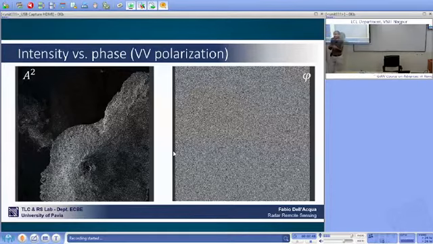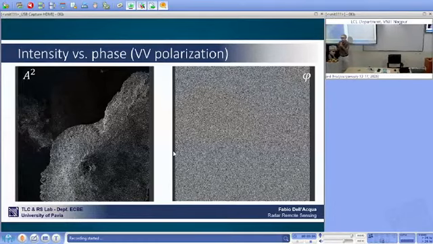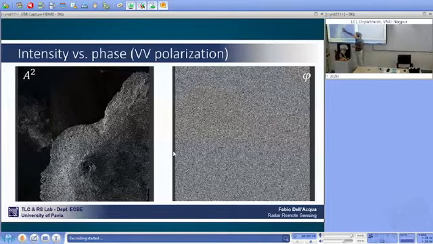First of all, as I mentioned, there's no spectral information. Each pixel is extremely shallow. You only have the information about how much power bounced back, but nothing else, except the phase of the wave. If you look at the amplitude image, it makes sense to the human eye.